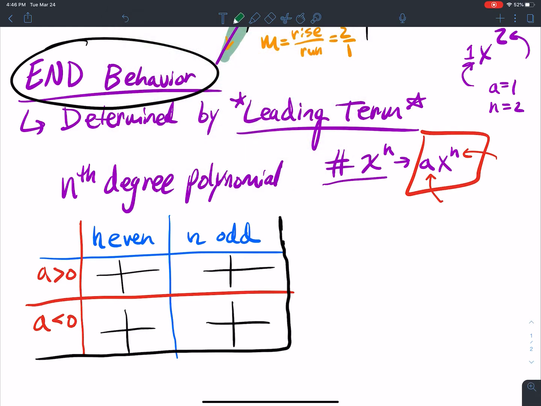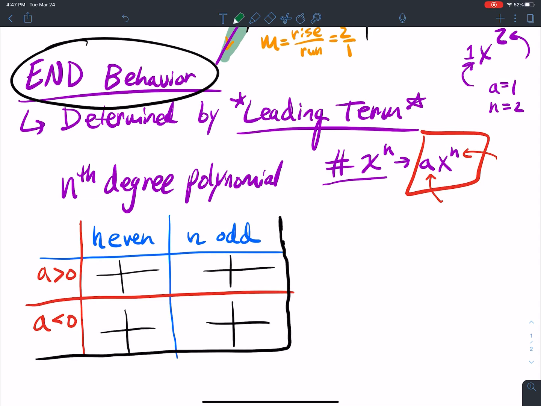If my n is even and my a is positive, so that means we're in this first region right here. What is going to happen in even and a positive?